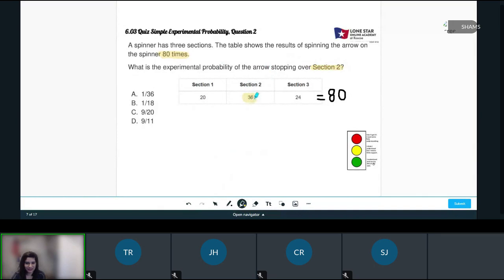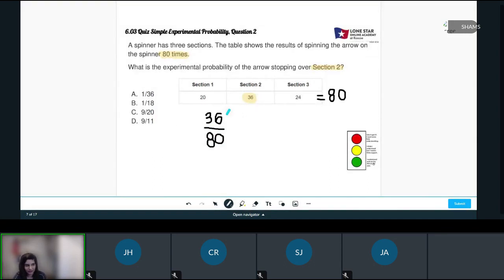It stopped on section 2 36 times out of 80. So you can set it up. You will say, section 2, spinner stopped 36 times out of 80. And you definitely will reduce your answer so you can figure out which answer choice looks correct.